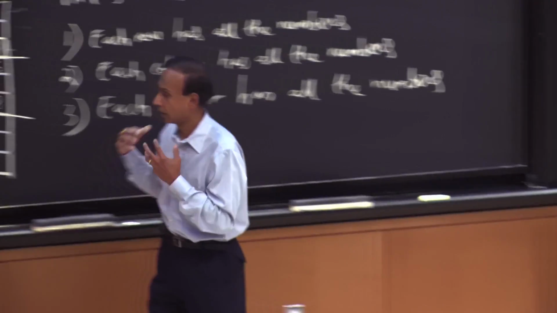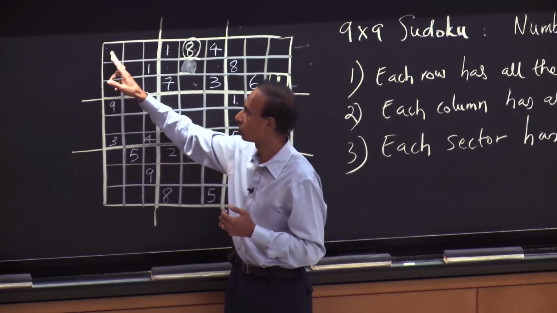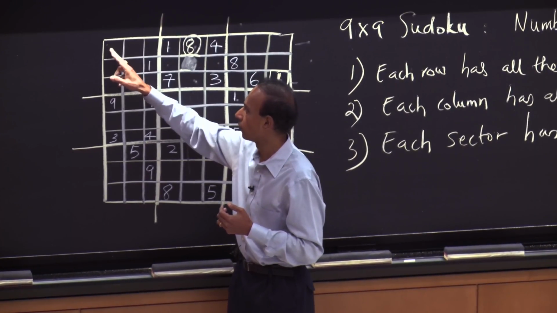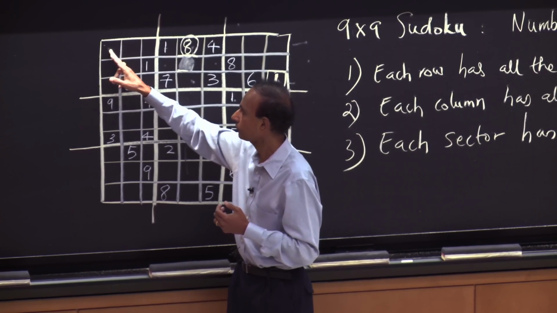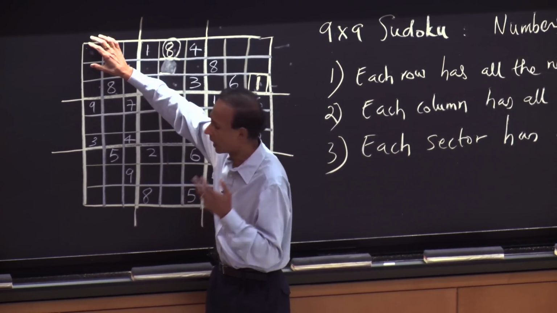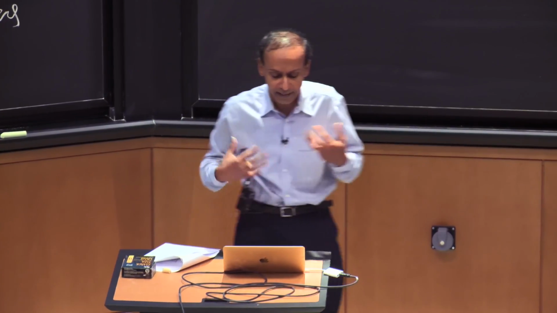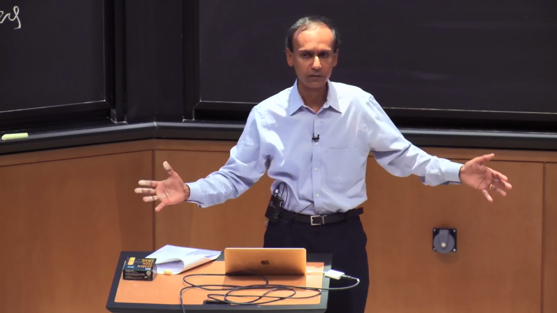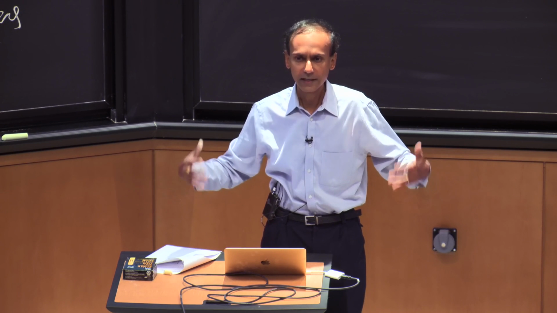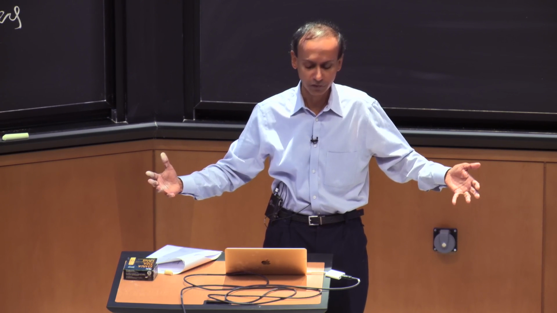But here in this code, I'm going to try 1, 2, 3, 4, 5, 6, 7, 8, 9. The first part of the code here asks what is the name of this procedure? It says find next cell to fill, which means what its name is: find the next grid location to fill.